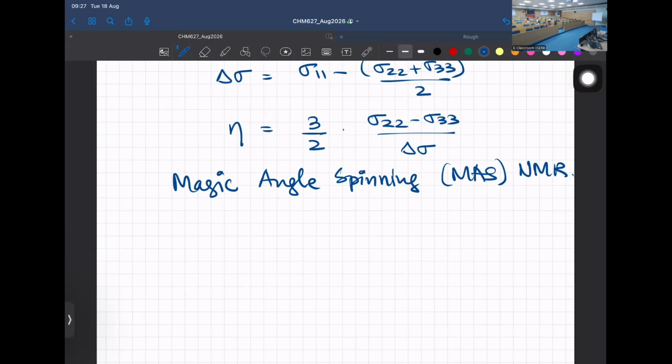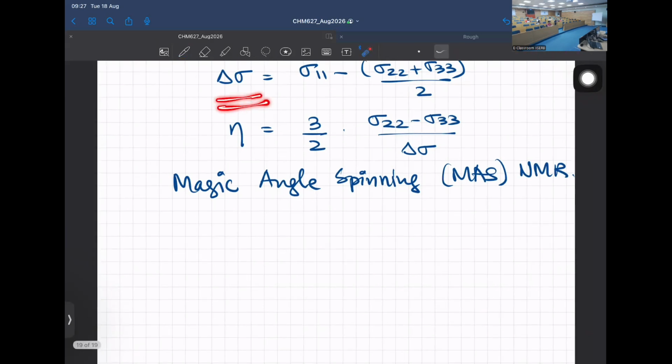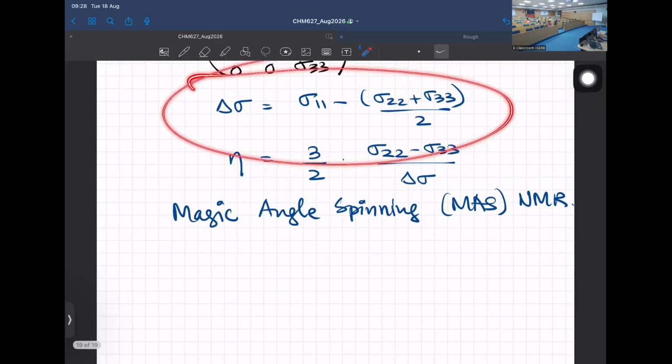Importantly, the chemical shift anisotropy is also a reason for relaxation. Basically, the loss of phase coherence also happens when the spin sees different magnetic fields around itself. Spin relaxation has multiple components. There is a dipolar component, and there is a chemical shift anisotropy component, which arises due to this difference.